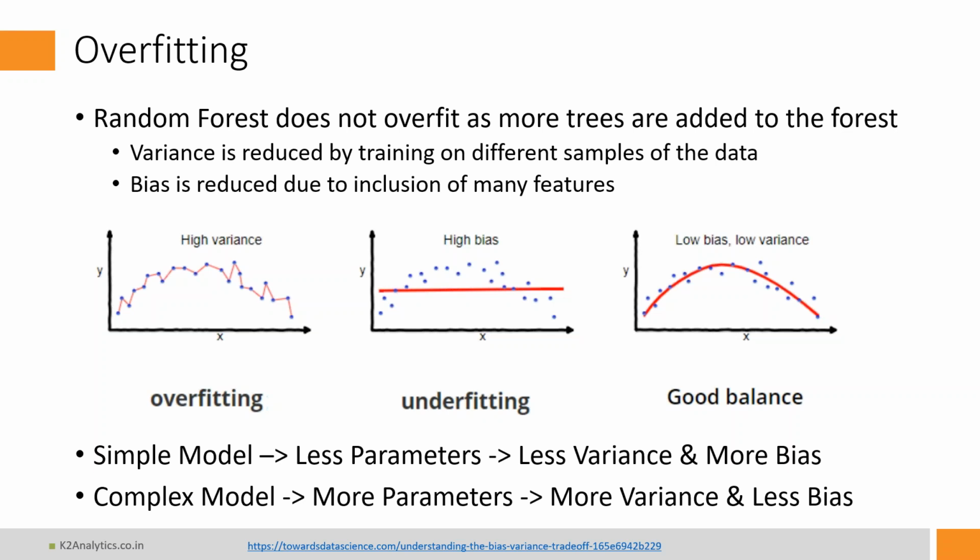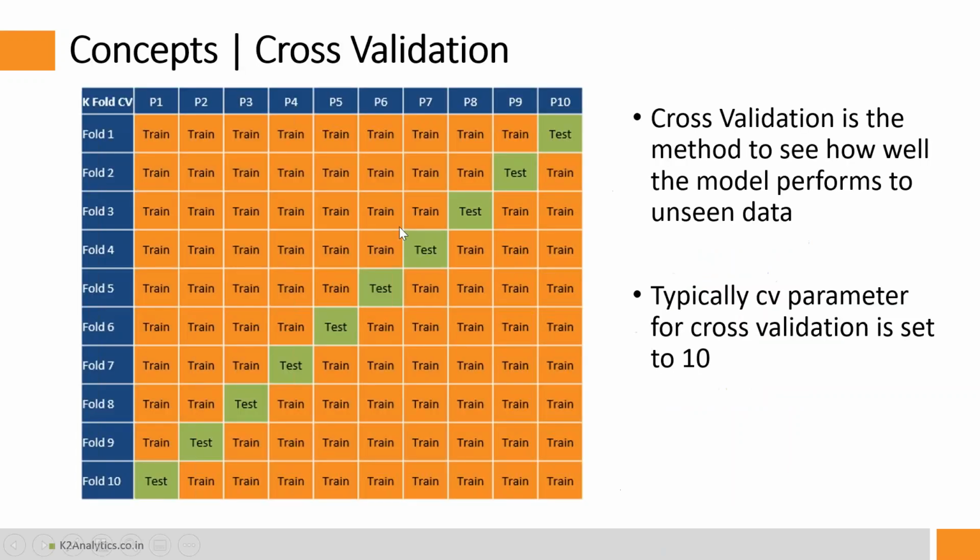We do not want high variance, low bias. Neither do I want low variance, high bias. Something in between is what I want, which is a good fit. Now, how do you find that good fit? The standard approach to find a good fit is cross-validation. You break the data into many partitions.